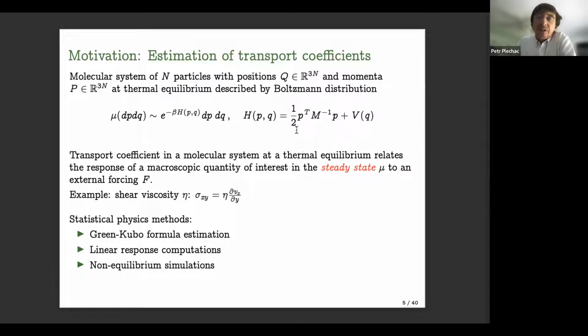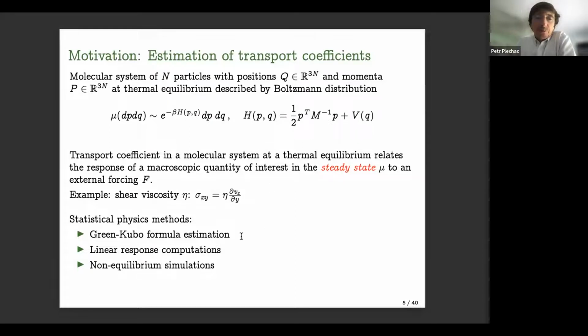And again, if the system is not at equilibrium, so the dynamics is not reversible with respect to this stationary distribution, the Boltzmann distribution, then the only sampling which can be achieved is through running very long time dynamics, which is defined by this Hamiltonian system with a Langevin thermostat.